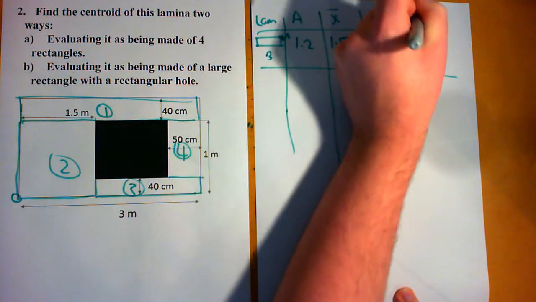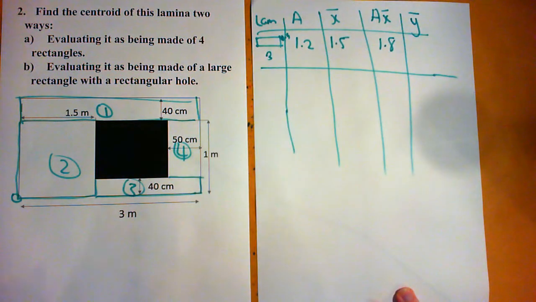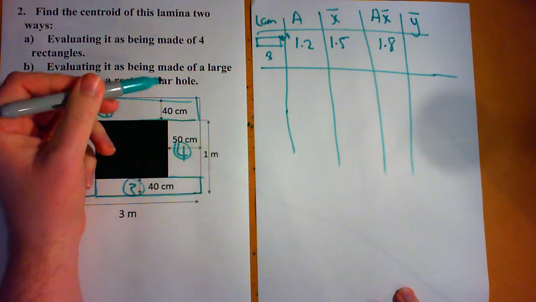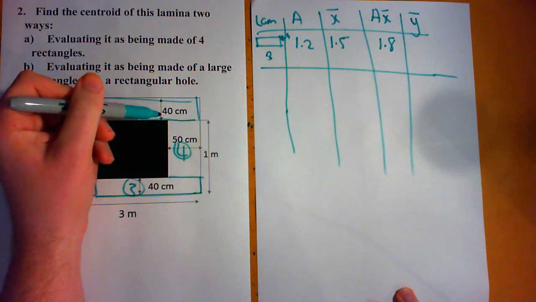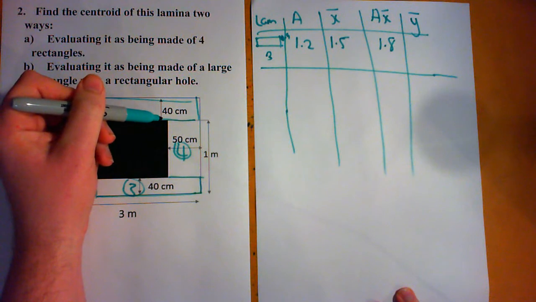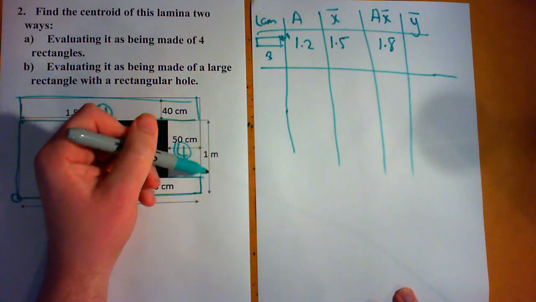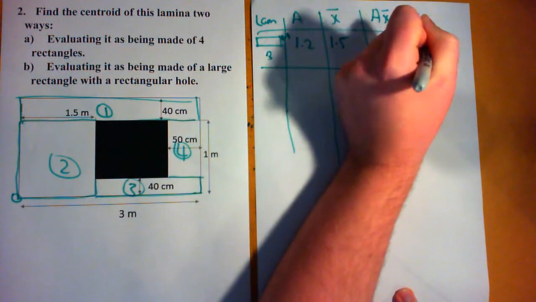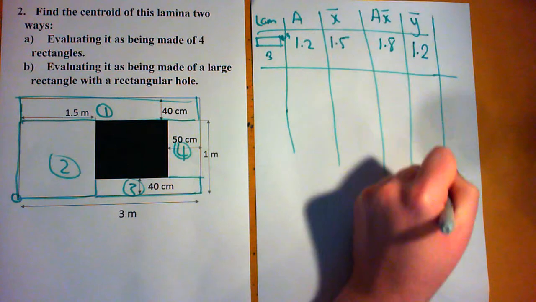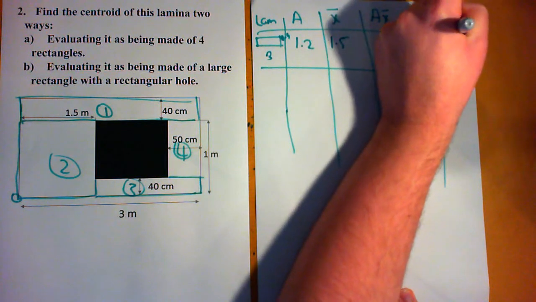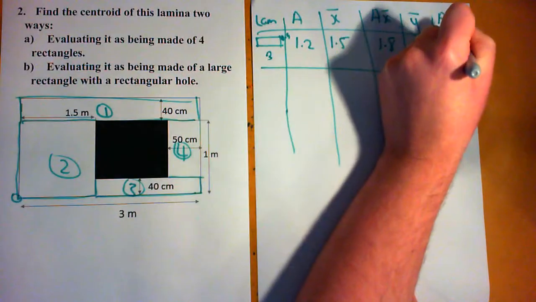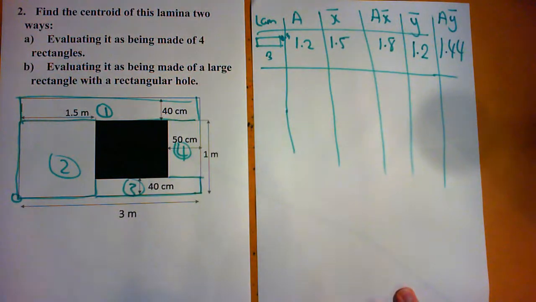We need to find y-bar. So where is its vertical centre? That's going to be half of 40 centimetres, which is 20 centimetres, so that's 0.2 of a metre. And then we need to add on the 1 metre below, so y-bar is going to be 1.2, and then A times y-bar is 1.2 times 1.2, which is 1.44.